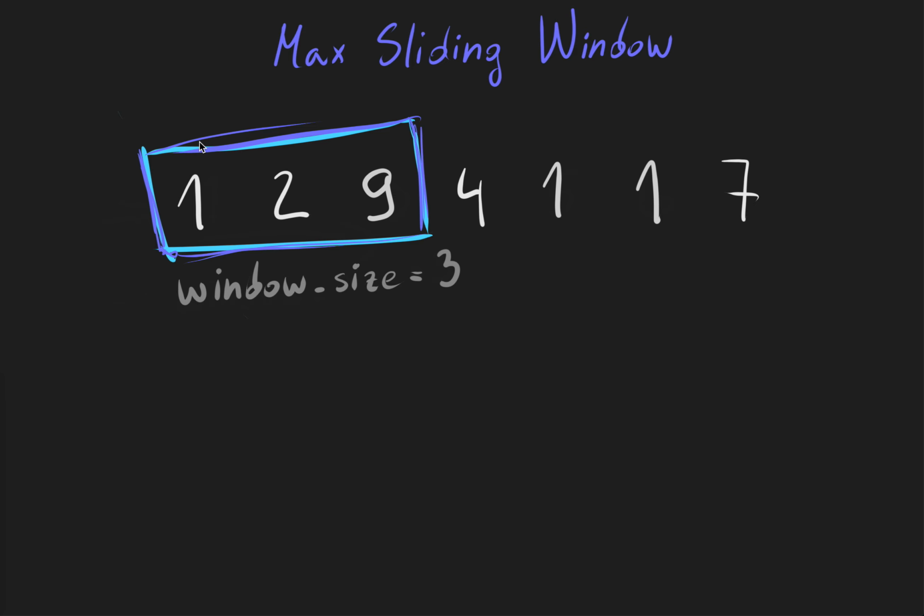The other solution is more optimal, because we could optimize by not going through each of the numbers inside every sliding window. What we could do is use linked lists or a double-ended queue. The Python library has deque built in, so we'll be using that.